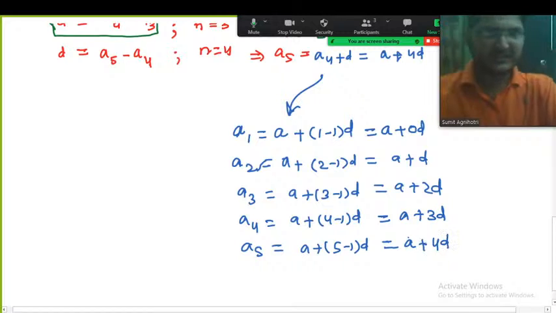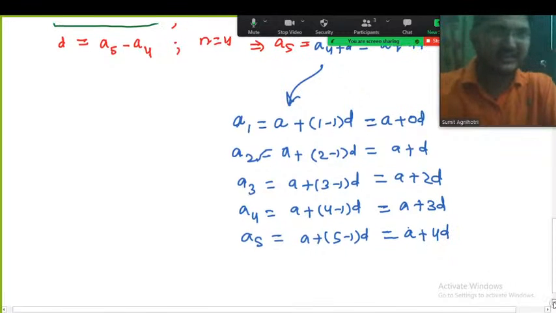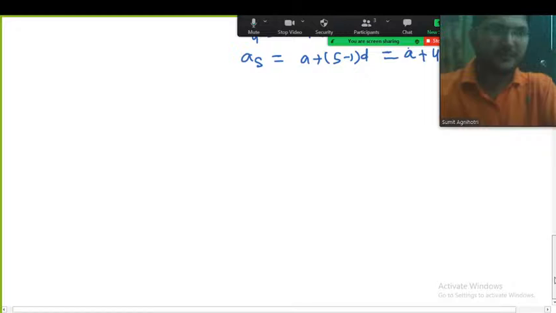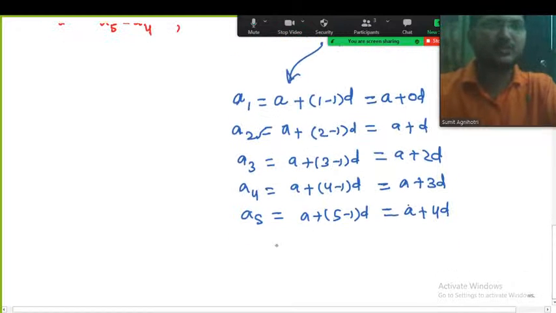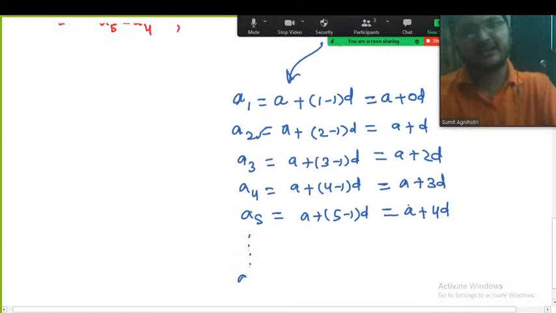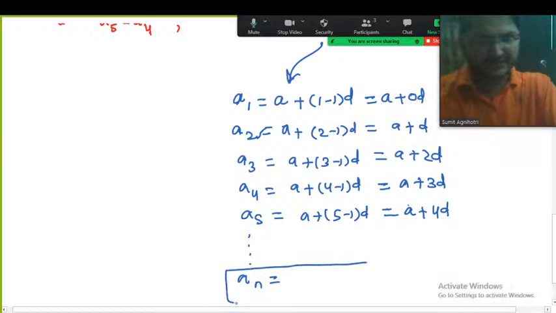Now by observing all these in much detail, we are in a position to conclude about the last term or nth term. Can you tell me what it should look like?